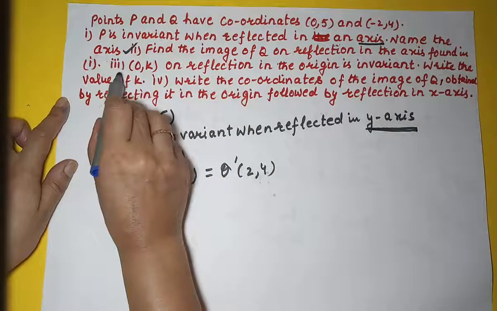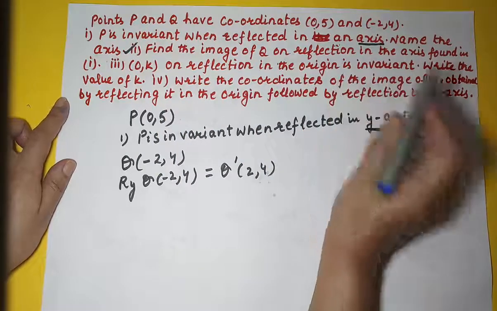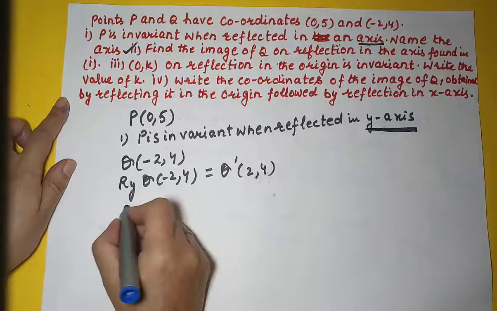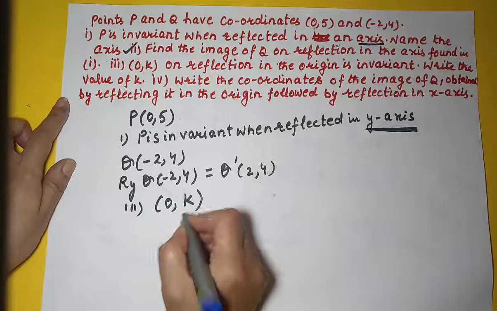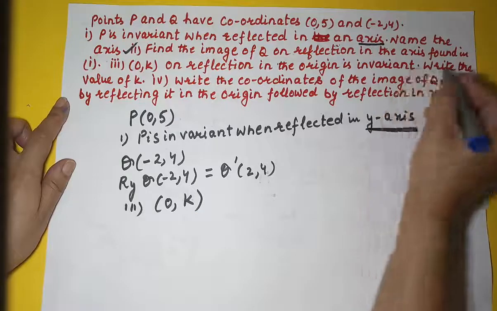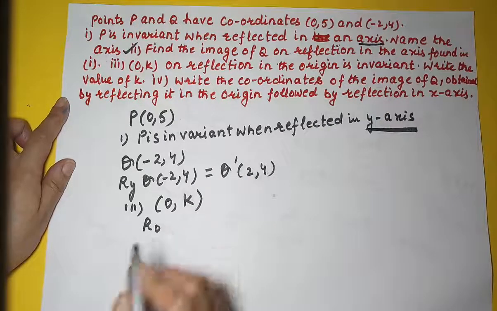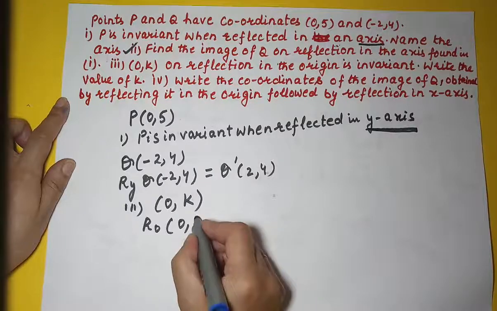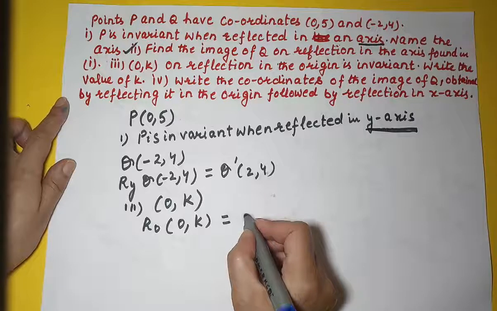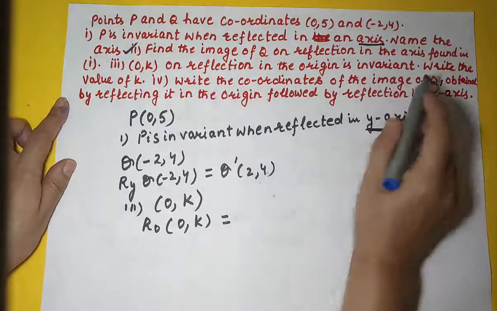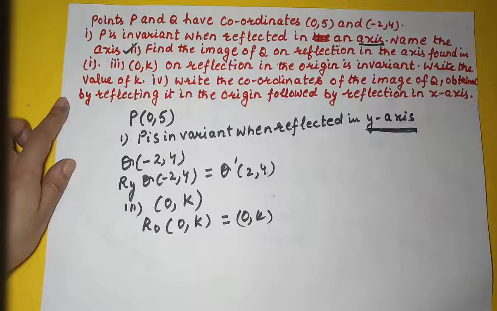Now he's saying (0, K) on reflection in the origin is invariant, right? So you have a point (0, K). K is something here that you have to calculate. When you reflect this point in the origin, (0, K), it is invariant. That means it will remain (0, K) only, even after reflection.